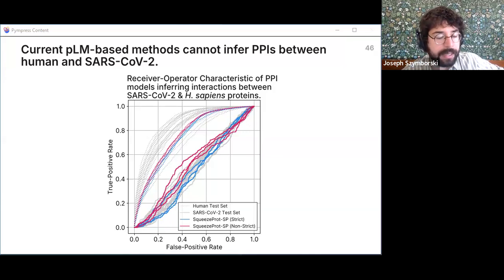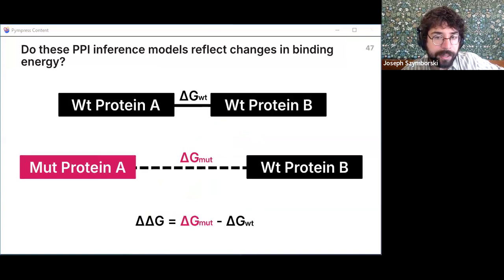We're not there yet. And further indication for this is our final experiment that we're going to be looking at today, which is evaluating whether small but important changes to the amino acid sequence, which affect protein binding, are reflected by the PPI inference models. So more specifically, we first collected changes in Gibbs-free binding energy between wild-type protein pairs and mutant protein pairs, and that all came from the SCEMP2 database.